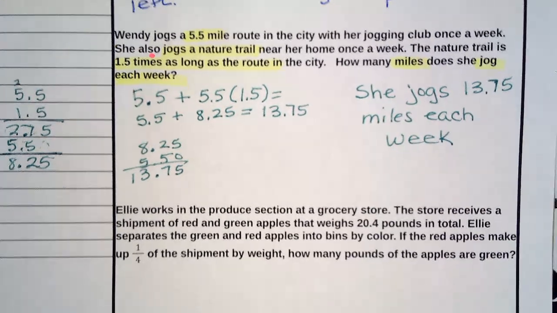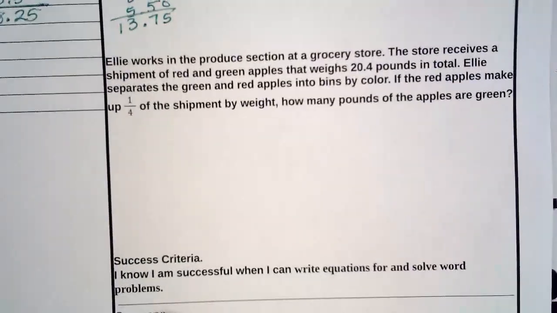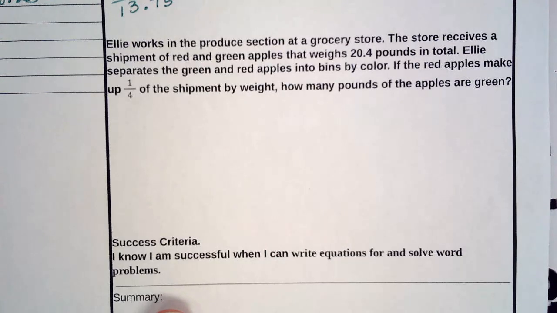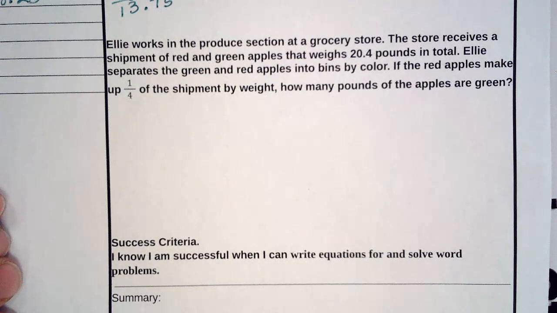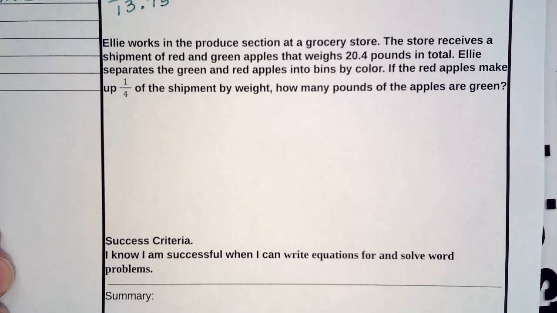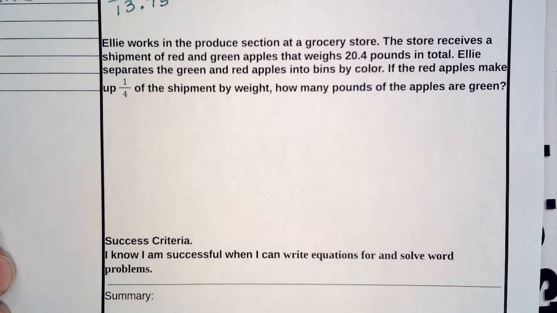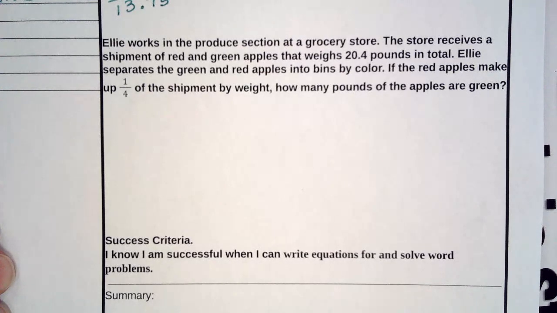Hello there, class. We're looking at the last word problem now. As we're looking at the word problem, we see that Ellie works in the produce section at a grocery store. The store receives a shipment of red and green apples that weighs 20.4 pounds in total. Ellie separates the green and the red apples into bins by color.